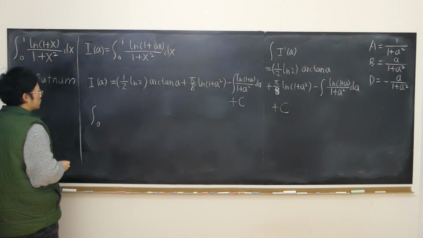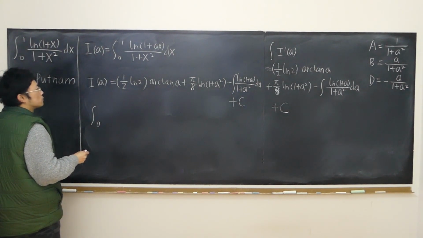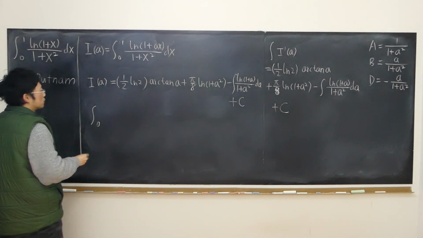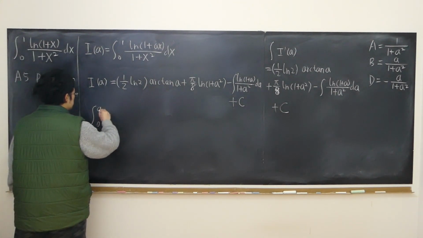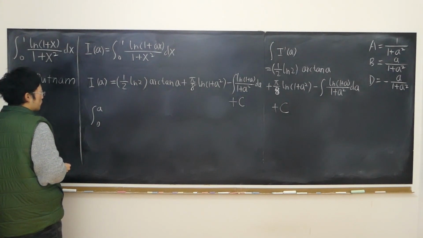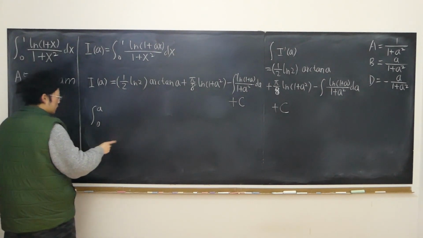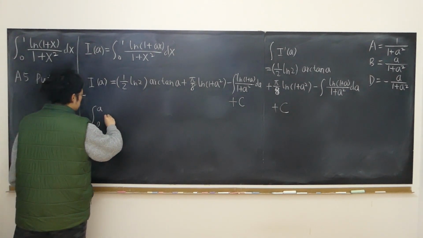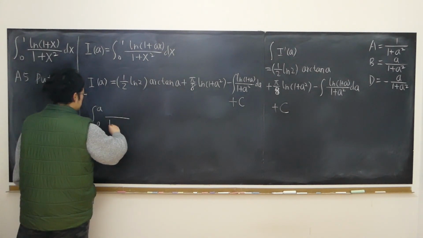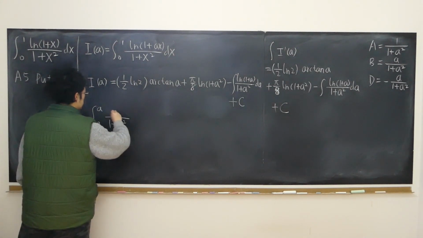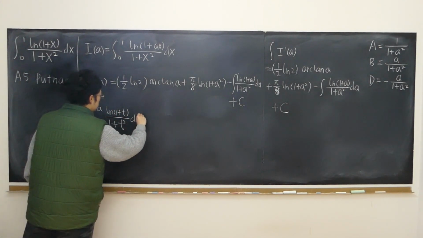And my upper bound is changing. It's a variable. What variable is it? I'll use A as my variable. In fact, I will use T as the integration variable: 1 plus T squared log of 1 plus T dt.